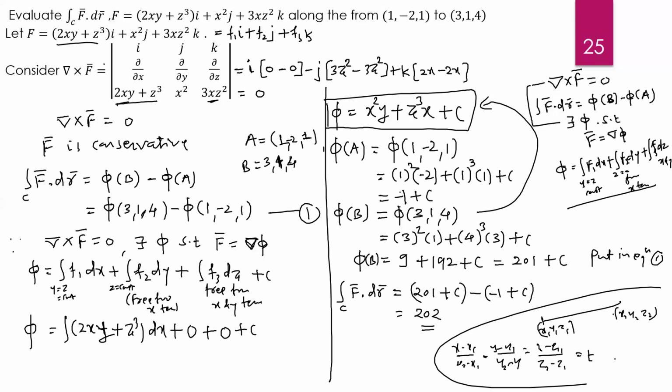Okay, if we solve this problem using this formula, then it will take too much time. So instead of that, if the path is independent, find the curl of F bar is 0, then apply the formula phi of B minus phi of A, and for finding the phi, use this formula.